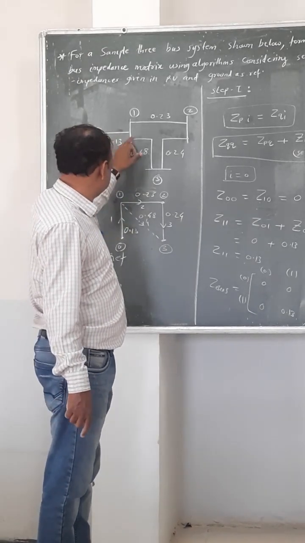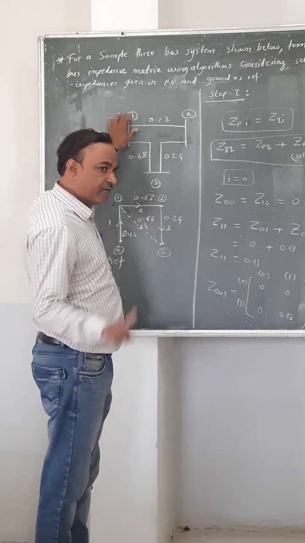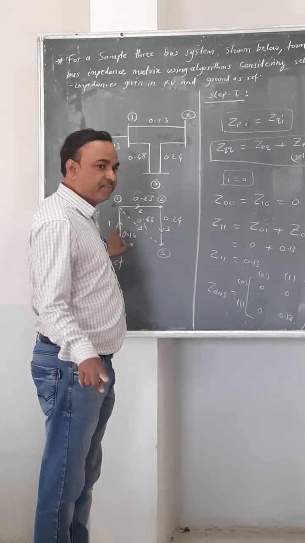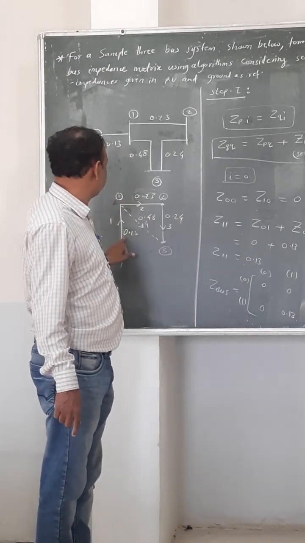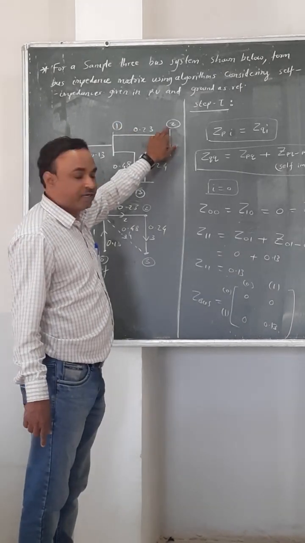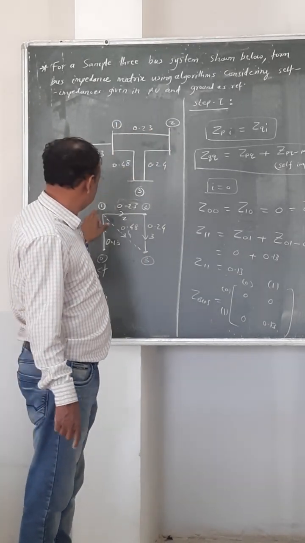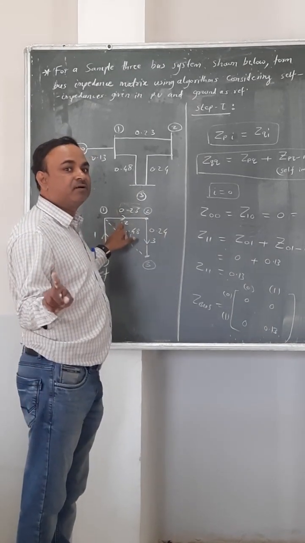I have considered the element between 0 and 1 as element number 1. What is the value of this element? 0.13. Then between bus 1 and 2 there is another element, which I have taken as element number 2.